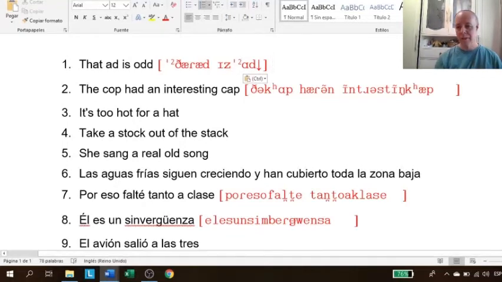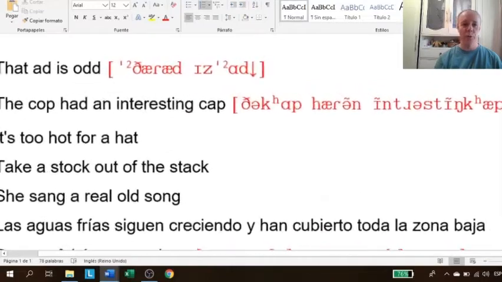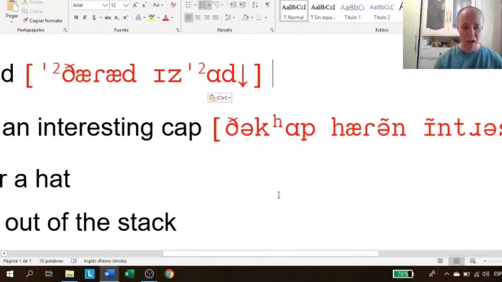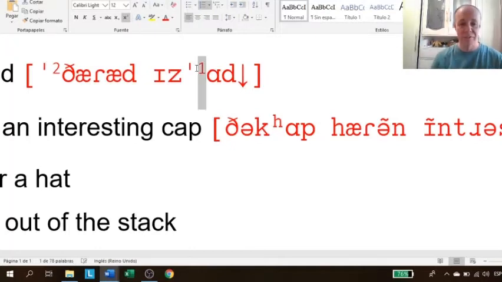Let me enlarge it for you so you can see it very well. That ad is on. If I keep changing this and write one instead, that ad is on. If I write a 3 there, that ad is odd. And if I write a 4 there, that ad is odd. So make it sound natural.